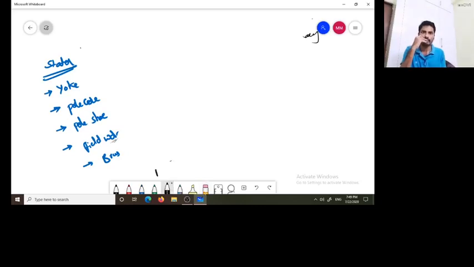Now we'll see what is meant by a brush. Brushes are mounted on the commutator segments. So I'm redrawing the rotor diagram only.